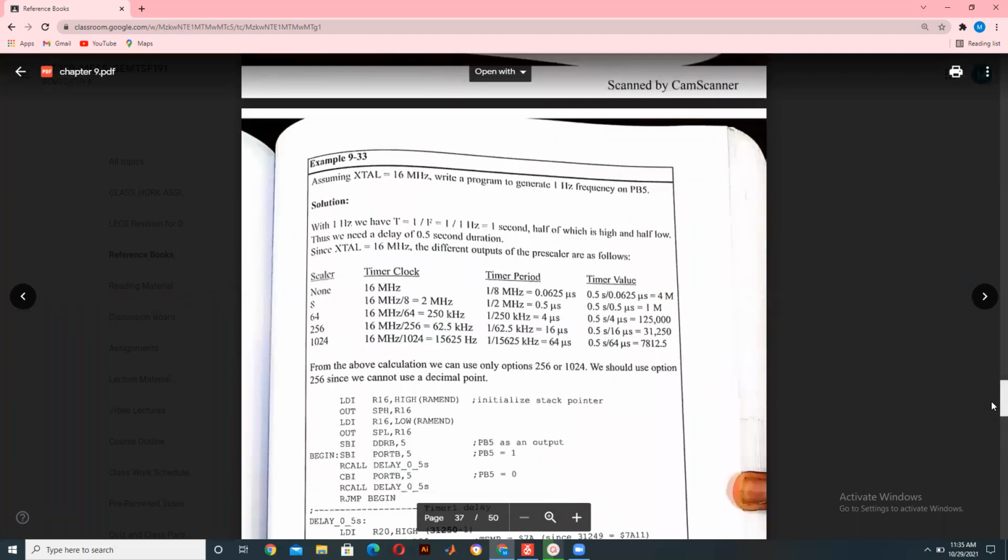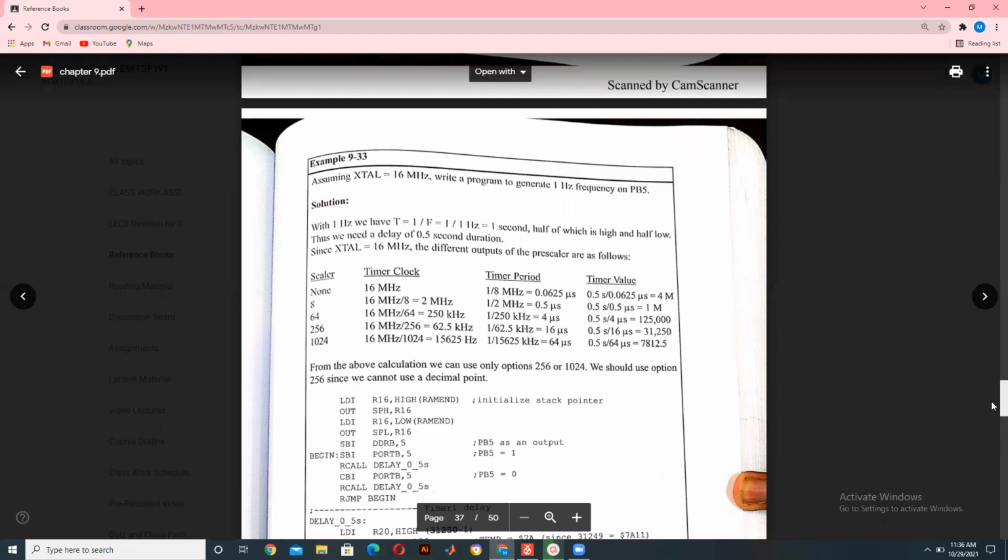Then example 33: write a program to generate a 1 Hz frequency on PB5. Then it's the same, we would go through all the checking of the prescaler, and we would take 256 as it is the minimum one, and it does not have any decimals.